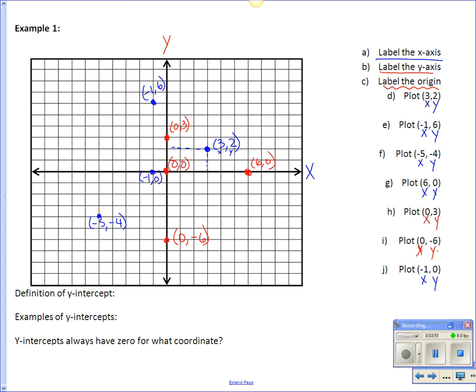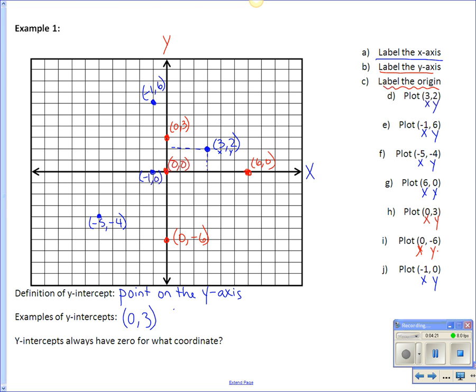Underneath the graph, it says definition of a y-intercept. A y-intercept is a point on the y-axis. So if you look at our graph, where it says examples of y-intercepts, there's 3 points on the y-axis. The first one we see at the top is 0, 3.